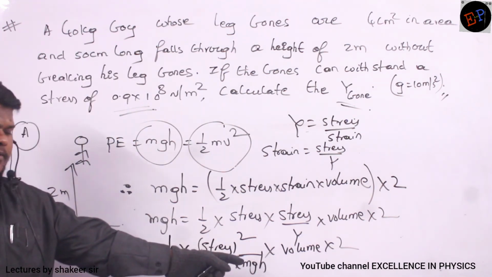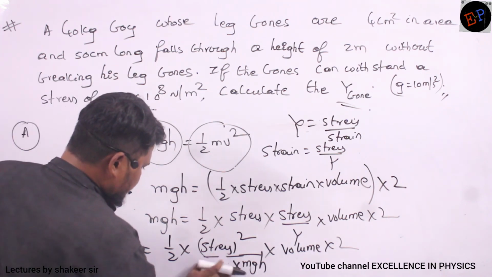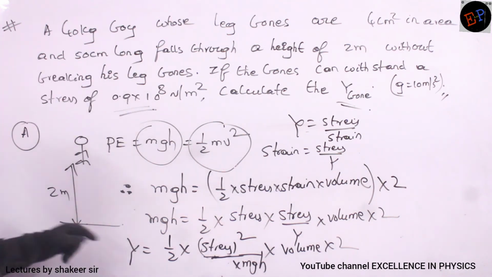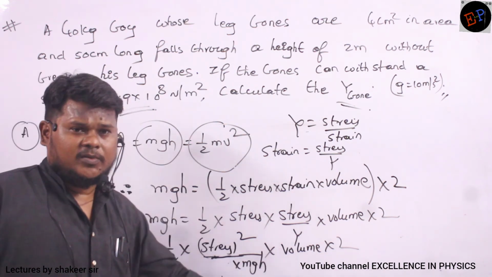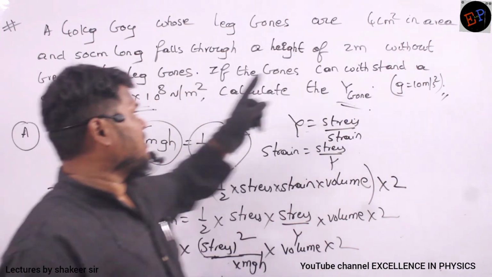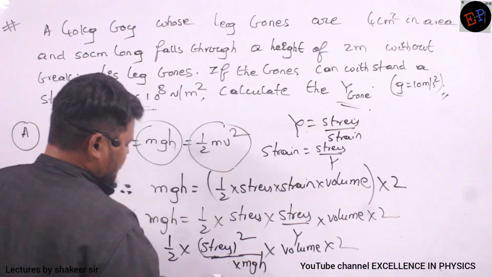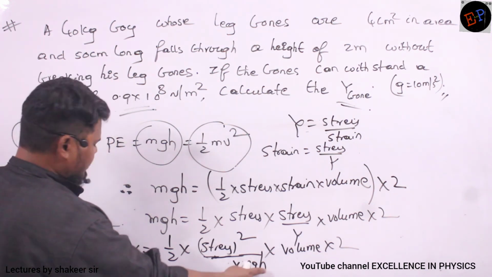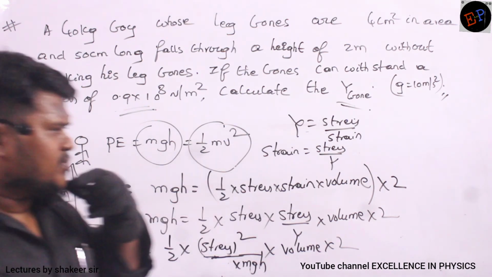All the values are already given. So stress is given as 0.9 into 10 power 8. Volume means which volume? Volume of the bone. Volume of the bone formula? Area of cross section multiplied by length. Clear now? mgh: mass of the person is 40 kg, g value is 10, height is 2 meters. All values are given. So just substitute, that is my answer.